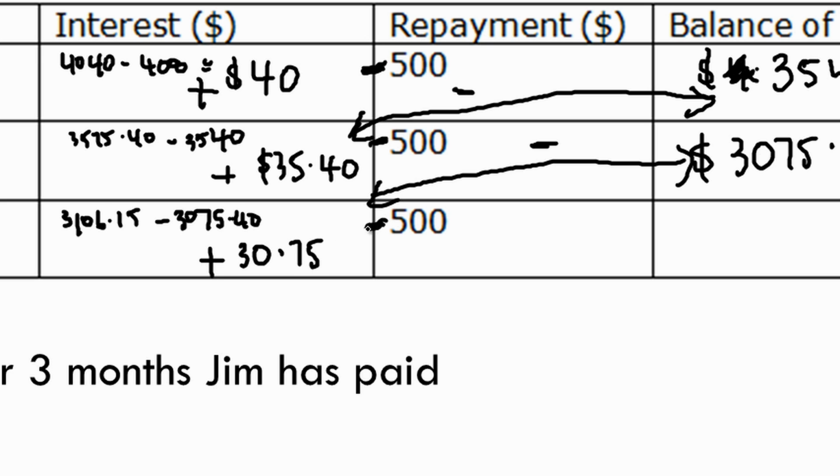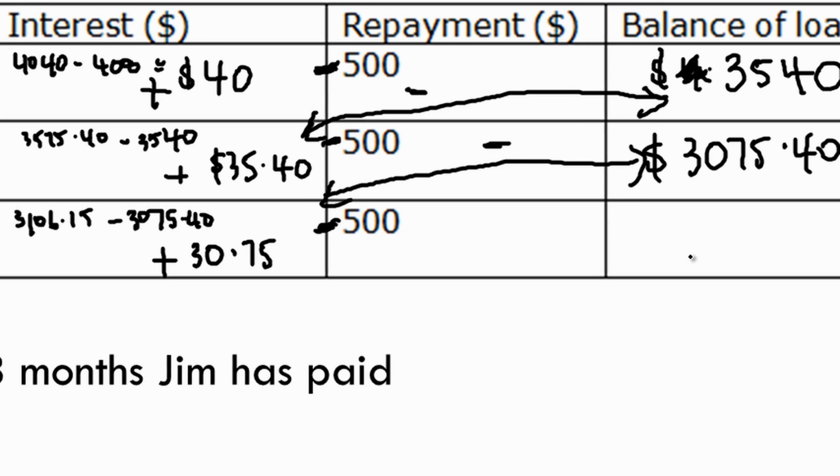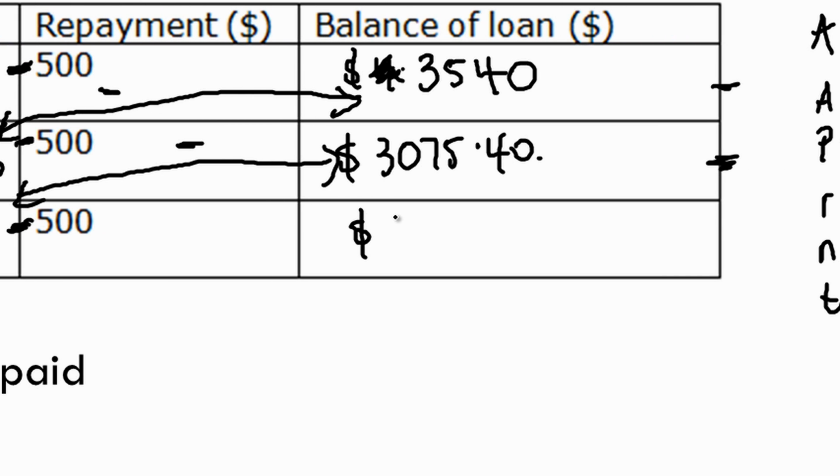Do the usual, again, zigzag here. Our balance, that minus that, gives us our balance being $2,606.15.